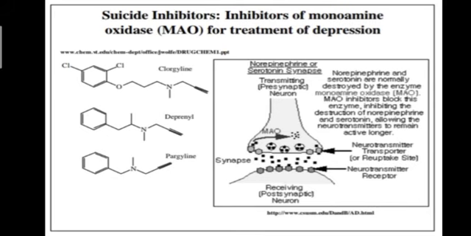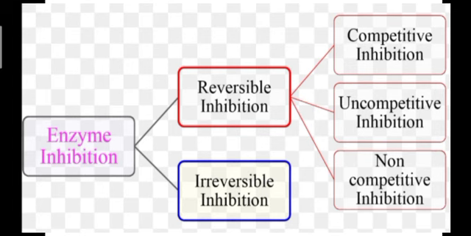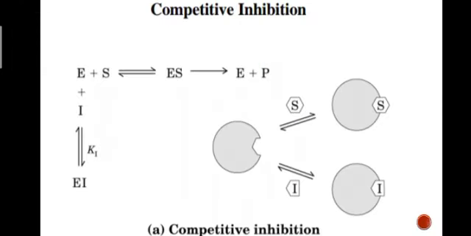If we summarize, reversible inhibition of an enzyme is competitive, uncompetitive, or mixed or non-competitive inhibition. Competitive inhibitors compete with the substrate by binding reversibly to the active site, but they are not transformed by the enzyme.